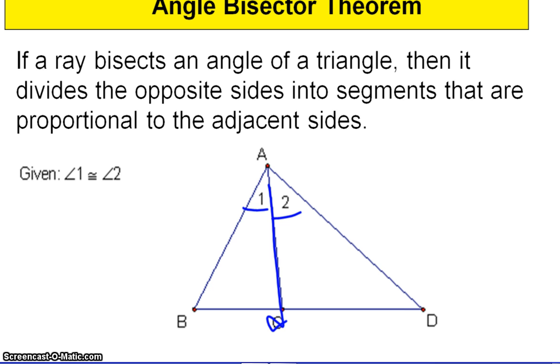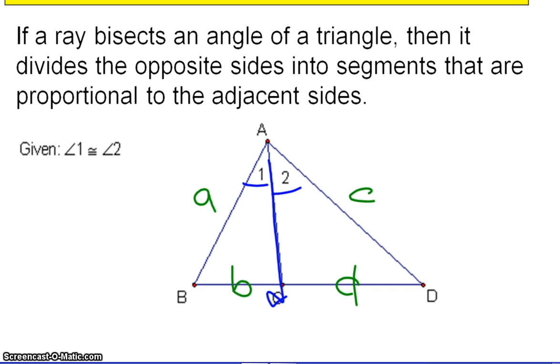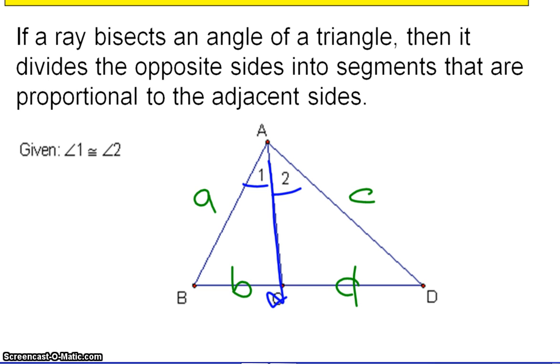If you put letters in for this one, you could put in A, B, C, and D. The opposite side divides up into B and D, and the adjacent sides are A and C.